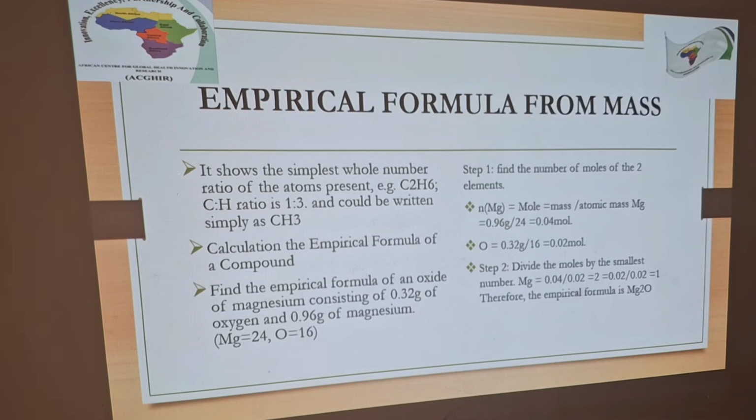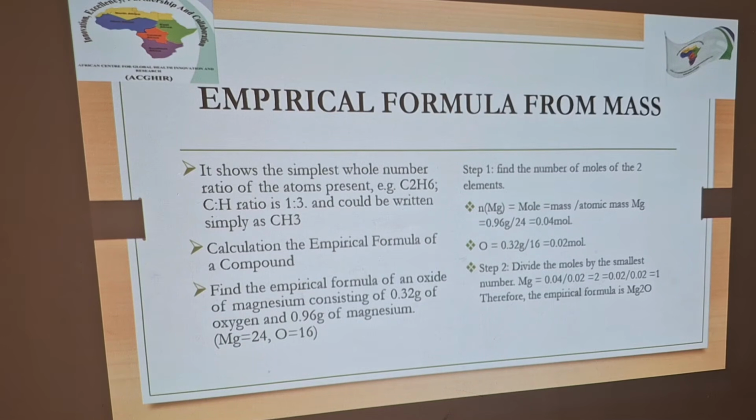Right. We now move on to the empirical formula from mass. What is the empirical formula? Basically, the empirical formula is the simplest whole number ratio of atoms which are present in a given compound or a molecule.